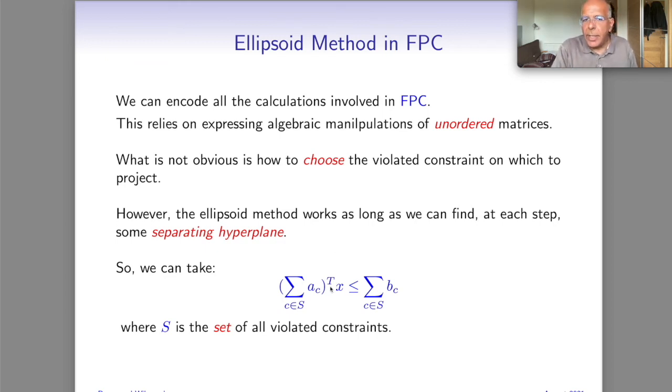By linearity, you can see that this is in fact a separating hyperplane, because if x violates each one of those constraints, then it violates their sum as well.